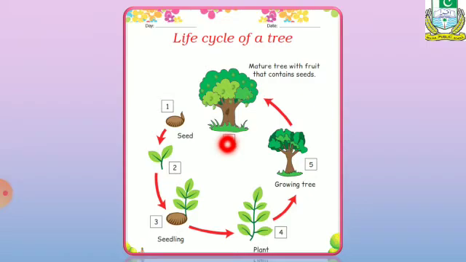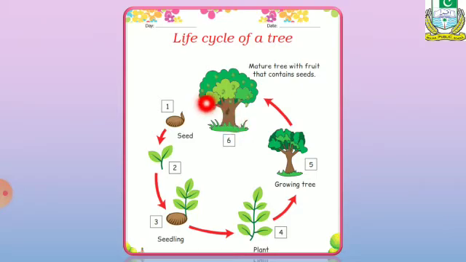It's a big grown up tree and we call it a mature tree. And what does this tree have? It has fruits. It contains fruits. And what is inside the fruit? Seed. Again, the fruits have seed. So, life cycle of a tree is now complete. We have a mature tree with fruits that contain seed.